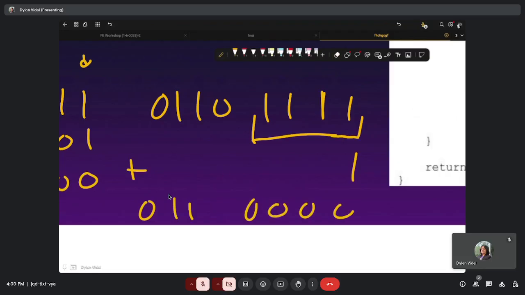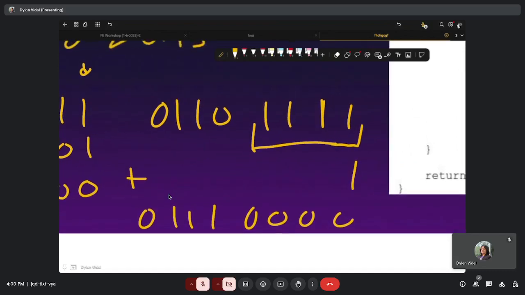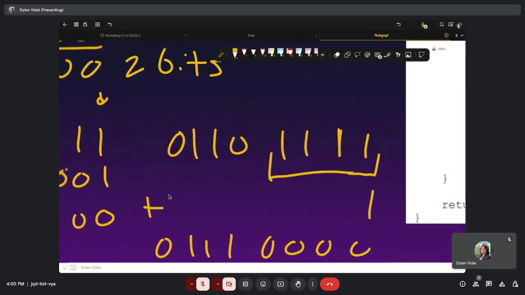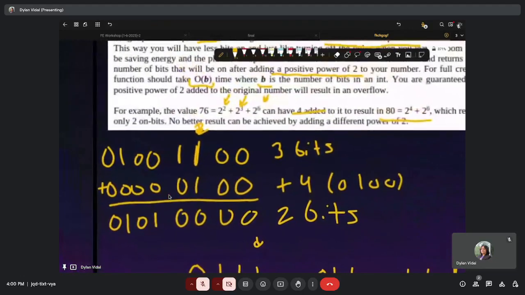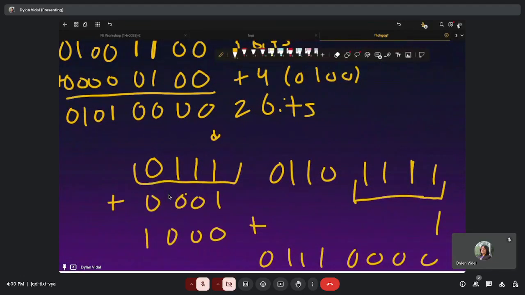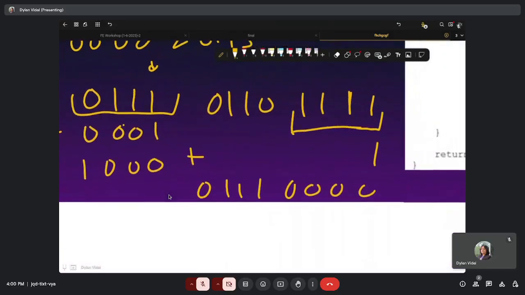Do you see the intuition there? How are we feeling about that approach? Makes sense? So essentially what we're going to do is find the longest running sequence of bits, and the number of bits we have on is going to be the total number of bits minus that length plus 1.